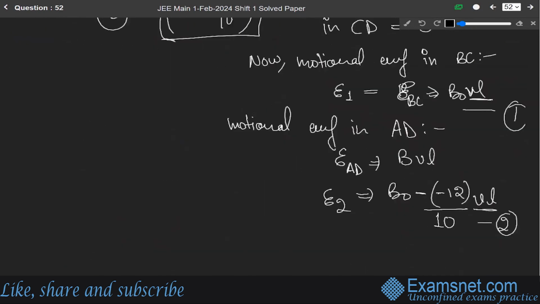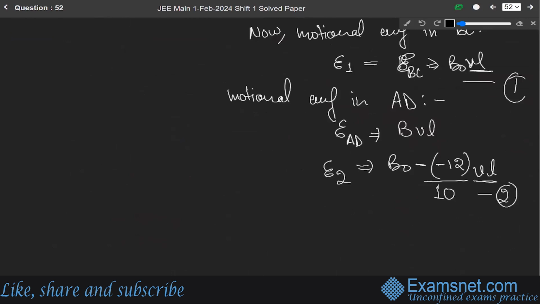So multiply it with 10 to the power minus 2 to make it in meter. So 12 into 10 to the power minus 2. So the net equivalent EMF will be E2 minus E1. So E2 minus E1 will be what?